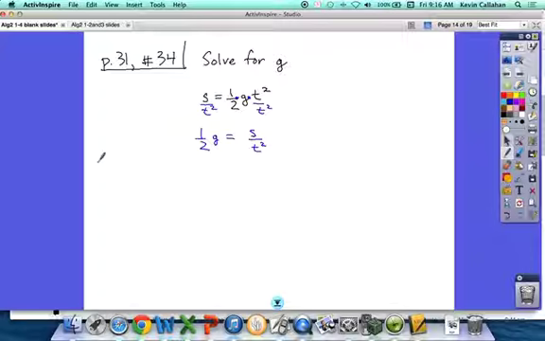Okay, now the G is still not isolated. How would I get rid of the 1/2, which is multiplying times G? You have 2 options, actually. You could divide by 1/2. If you divide by 1/2 on both sides, then you get G equals, and you have to remember that when you divide by a fraction, that's like multiplying by the flip.